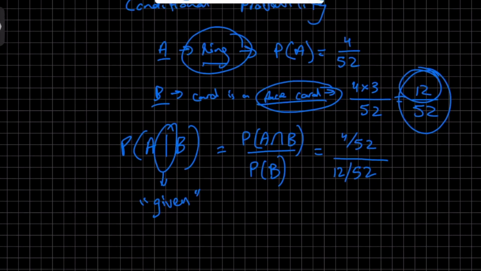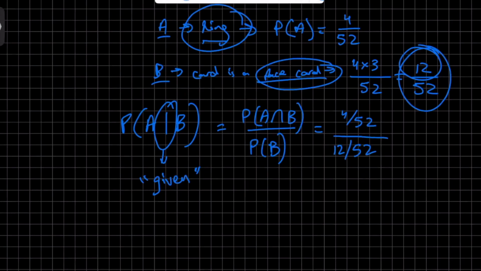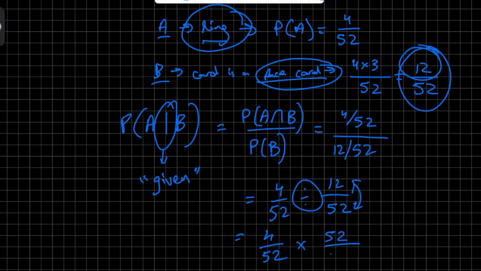If you struggle to divide fractions like these, I highly recommend that you split it up. So we are going to write this as 4 over 52 divided by 12 over 52. Going back to our year 4 math, when we're dividing fractions, we turn this division sign into a multiply and we flip our second fraction. So that becomes 52 over 12.